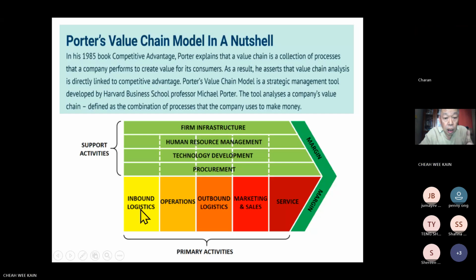So when you look at this, it can be subcon out easily. Look at this inbound. Your company, the resources that you put into inbound, the resources that you have, are they rare? Not easy to imitate, not easy to substitute, if you do it in-house? Understand?